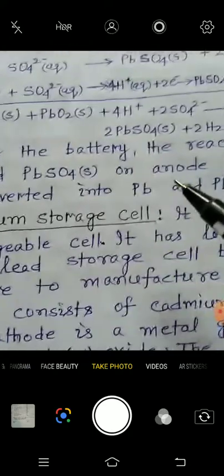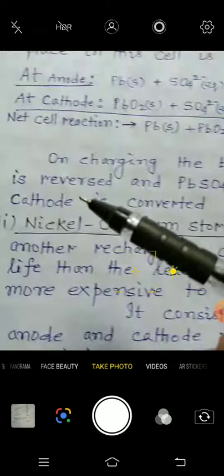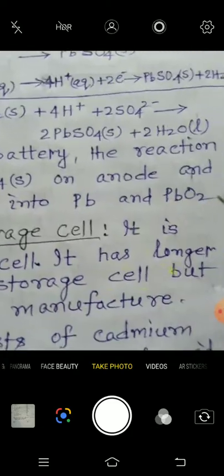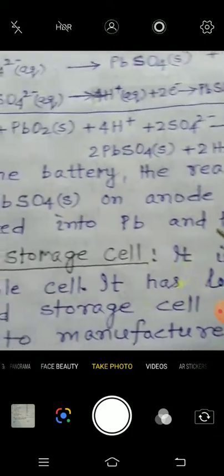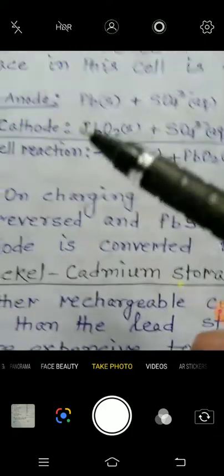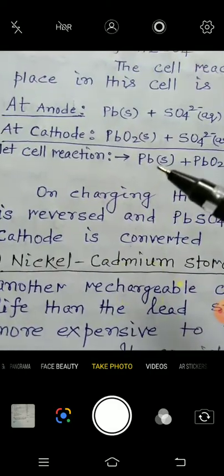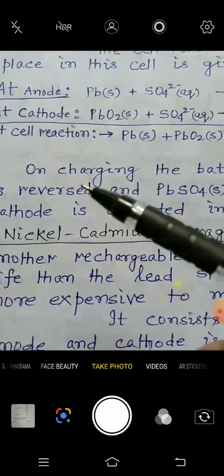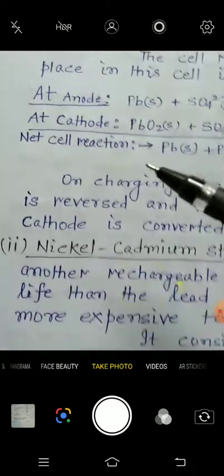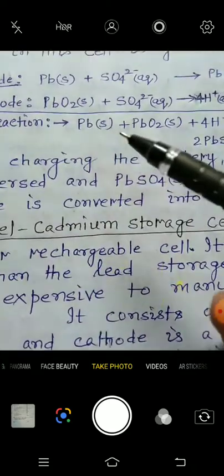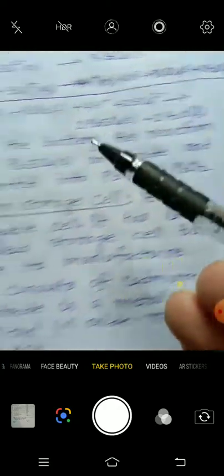On charging the battery, the reaction is reversed and lead sulfate on anode and cathode is converted into lead and PbO2. So that reaction will be just the reverse of this overall reaction. When you recharge, the reaction which takes place in this type of battery will be just the reverse of this reaction.